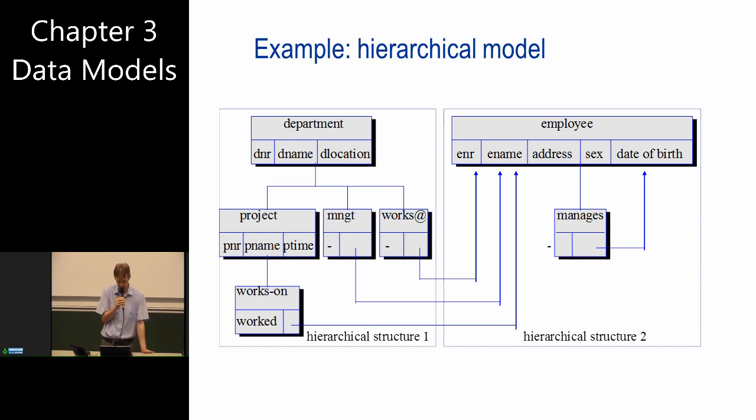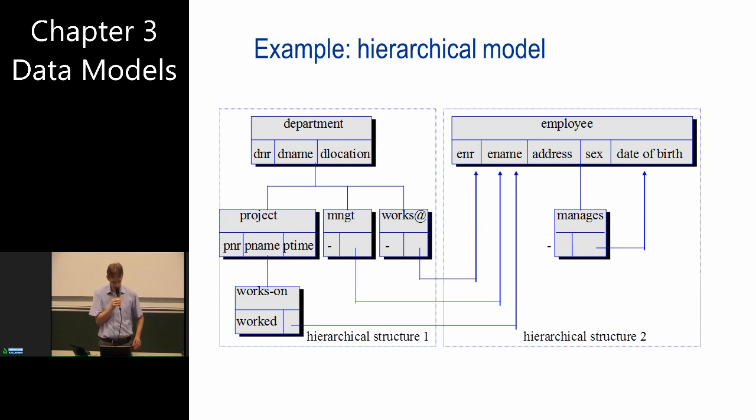It's a limitation. Another limitation is that we cannot model that a department has at least one employee. According to the model, you can have departments that have 0 employees, right? Because remember, the cardinalities from department to works at are 0 to n. So you can have departments with 0 employees.